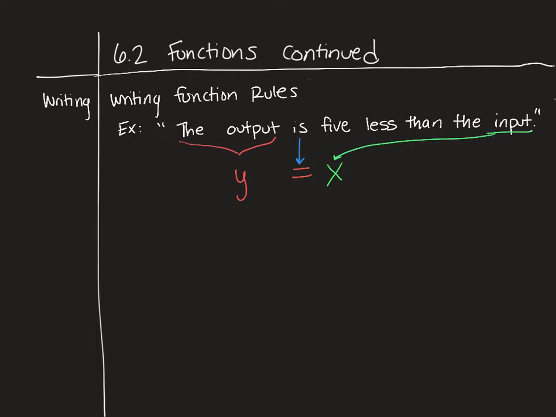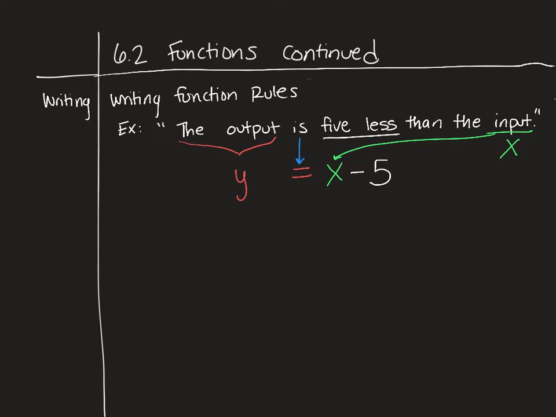And 5 less than the input would be minus 5, because the input isn't being subtracted from 5. The input is being subtracted by 5. So that's why you write the input, which is x, and then you take away 5 from it because it says it's 5 less than the actual input.